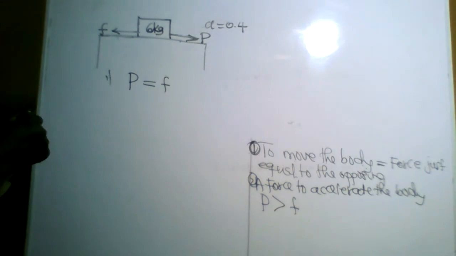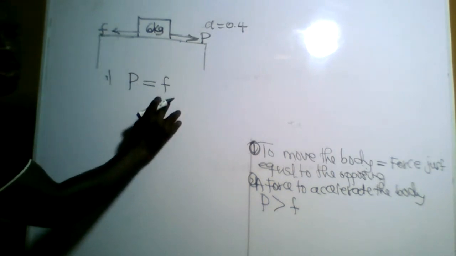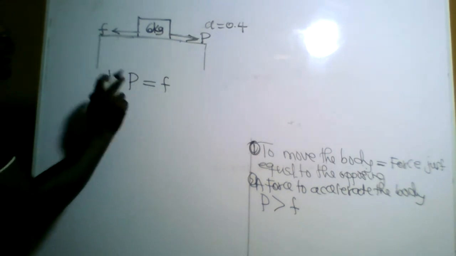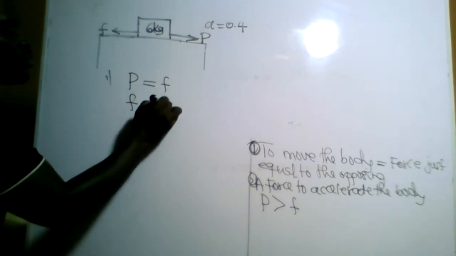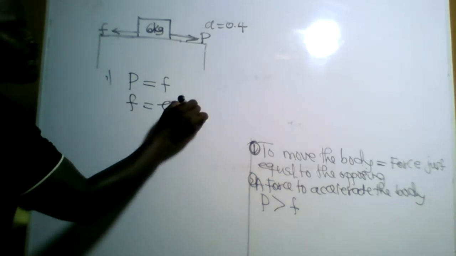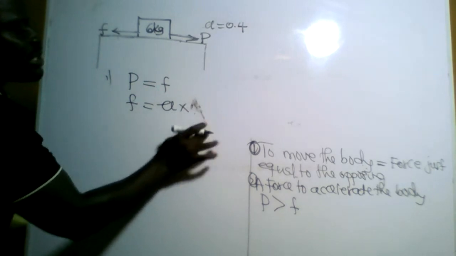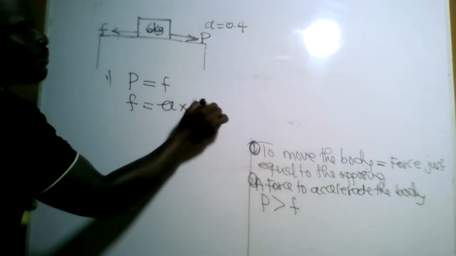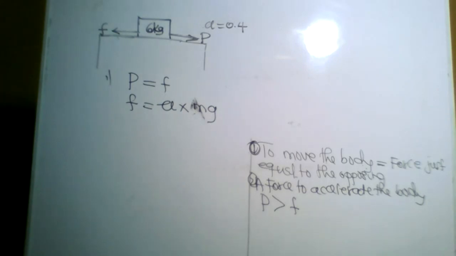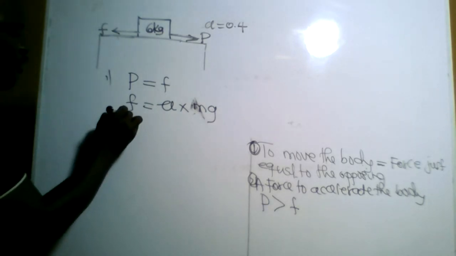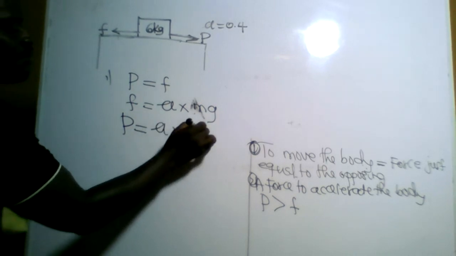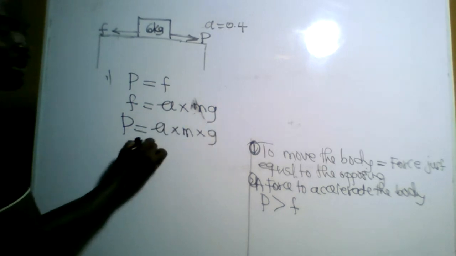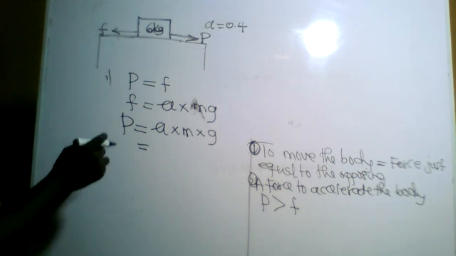So in this case, P must be equal to the frictional force, which is mu times R, and R is equal to mg. Therefore P will be equal to mu times m times g. Let's substitute the values.